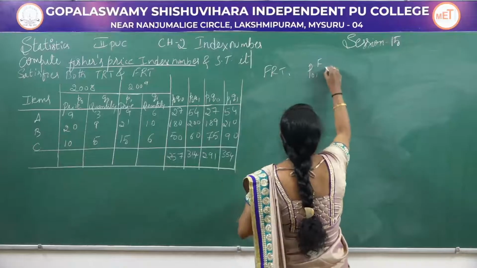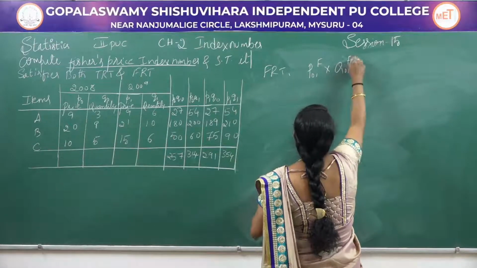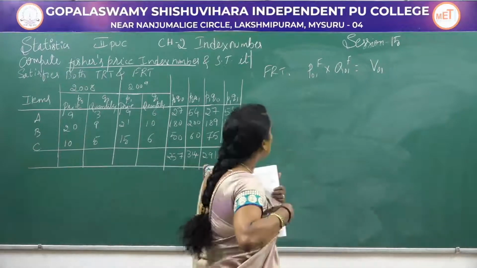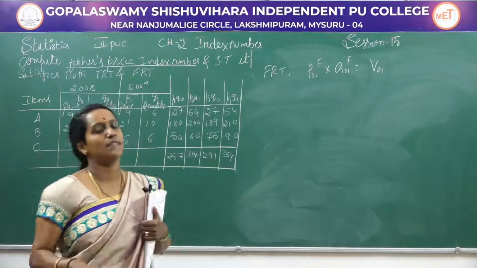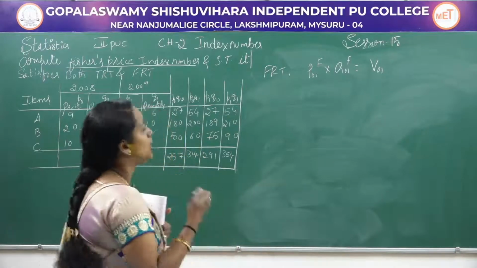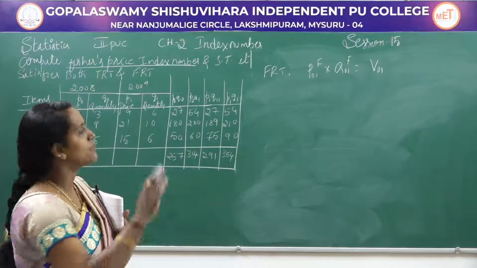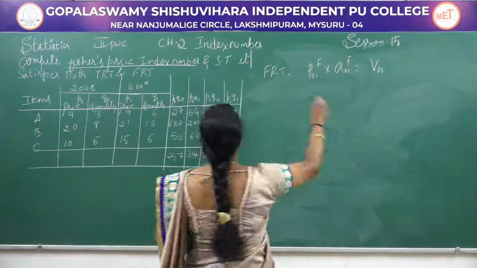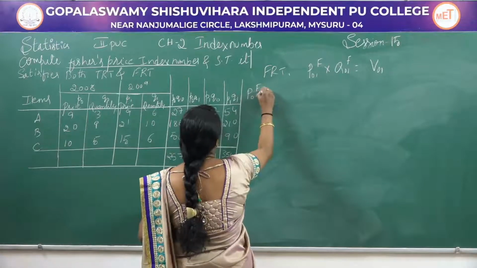P01 of Fisher's into Q01 of Fisher's is equal to V01. That is, we know that value is always price into quantity. So in that form, using Fisher's we have to prove this one. Okay. So for this first I will write the P01 of Fisher's formula.